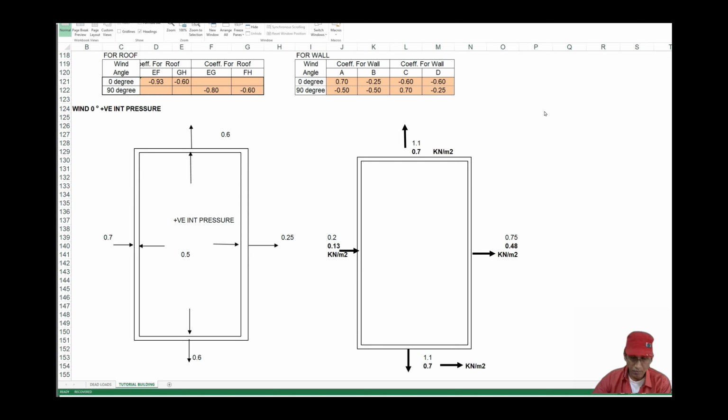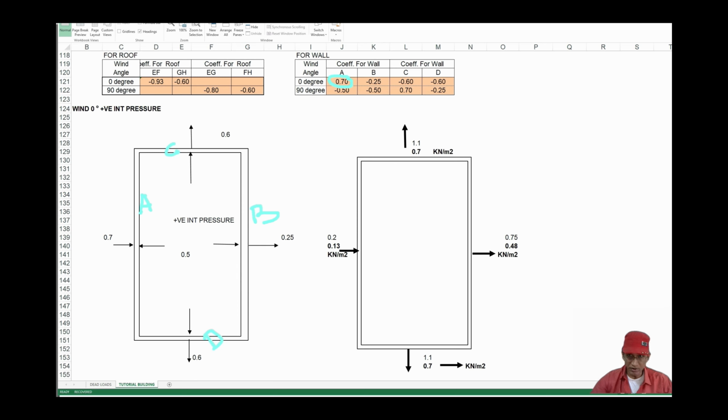Now let us try to understand how the wind pressure is calculated. It depends on the external pressure coefficient and the internal pressure coefficient. First set, we shall consider internal pressure coefficient to be positive. This is our wall A, this is our wall B, this is our wall C, and this is our wall D. Now we have 0.7 for wall A, so it has a positive sign.